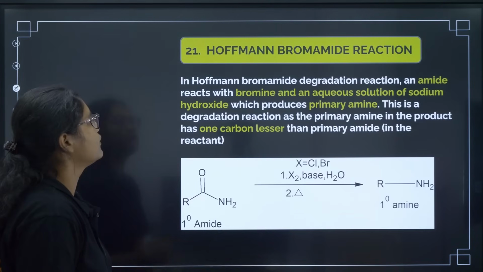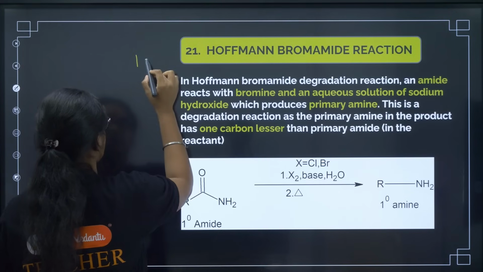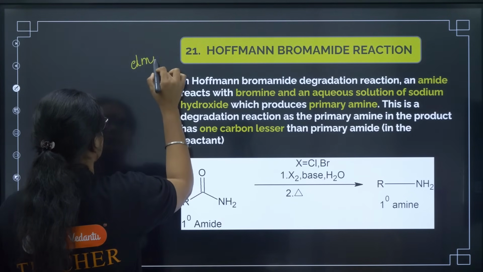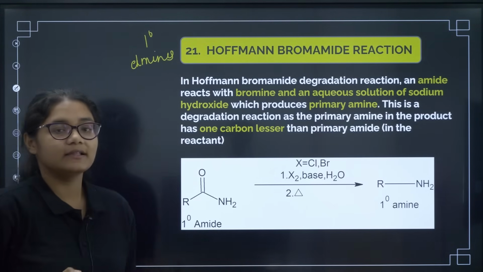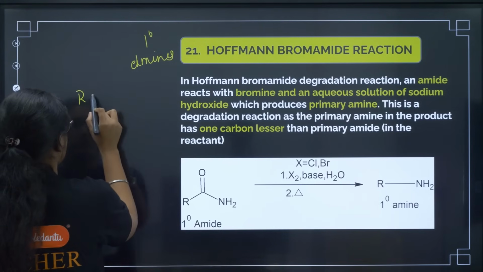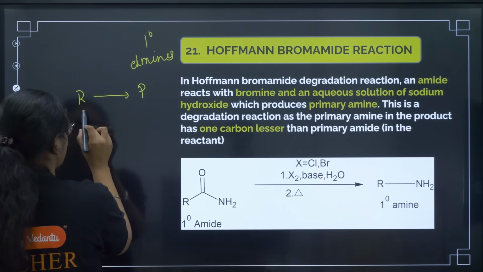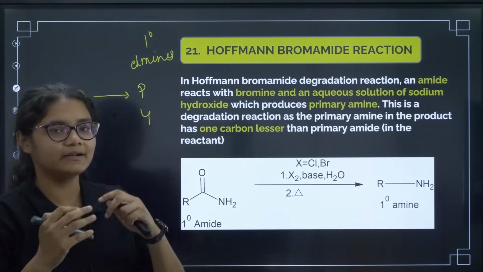Next we have Hofmann bromamide degradation, a very important reaction for the preparation of amines. Okay, and this reaction is only for the preparation of primary amines. There is another important point with this reaction, the reactant and the product. Suppose in the reactant there are 5 carbons, in the product there will be 4 carbons. 1 carbon gets lost.